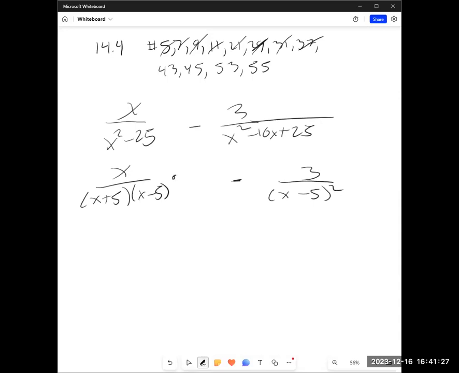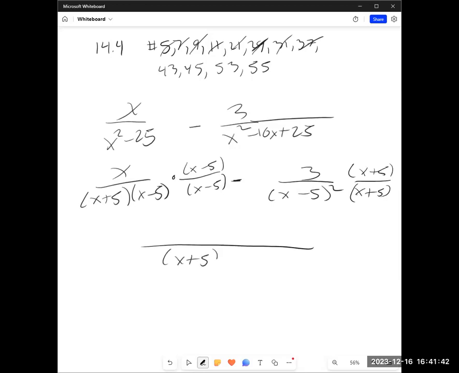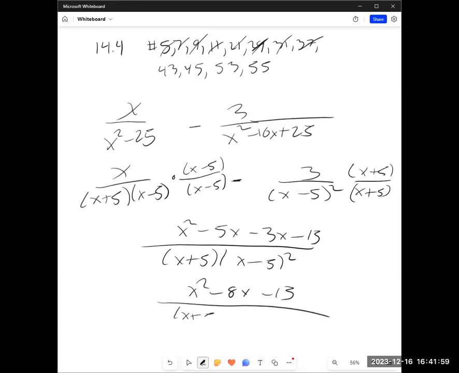So I need another x minus 5 over here, and I need an x plus 5 over here. That gives me a common denominator of x plus 5 times x minus 5 squared. And that's an x squared minus 5x for that. And negative 3x minus 15 gives me x squared minus 8x minus 15 over x plus 5, x minus 5 squared.